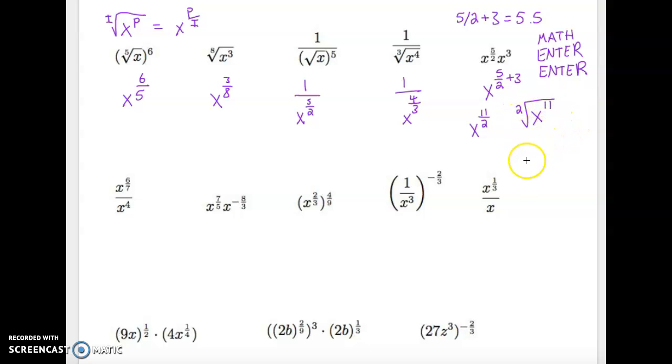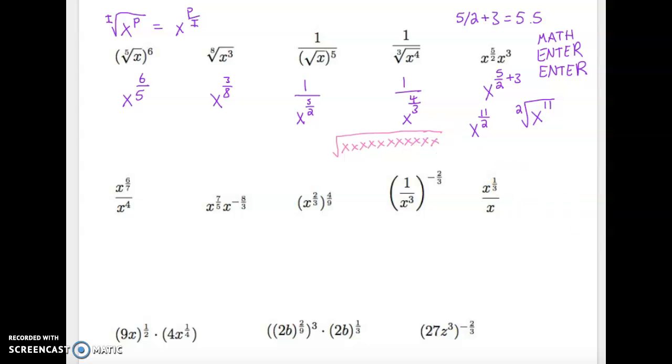If we wanted to take it even one step further, which I think Delta Math will do, I don't mind if you leave it here on practice problems, but in Delta Math, they'll take it one step further and break it down into how many pairs. Since we're looking for a square root, how many pairs of x's can you pull out? Because really, if I have 11 x's underneath there, I'm taking the square root, and there's 11 x's: 1, 2, 3, 4, 5, 6, 7, 8, 9, 10, 11.